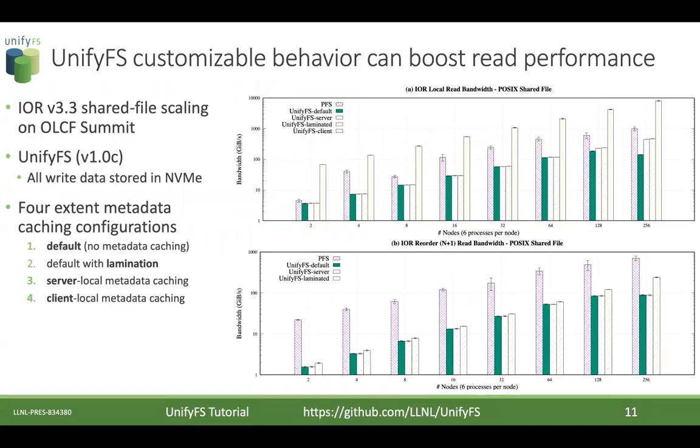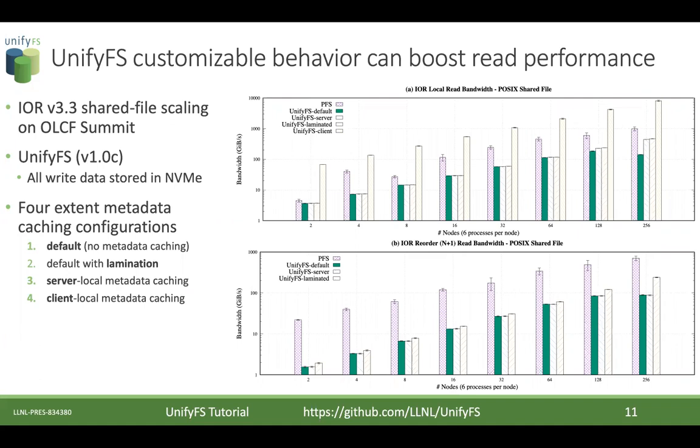So here we've rerun some of our IOR read performance numbers to highlight the different behavior you can see when you enable different types of UnifyFS semantics. And here we're playing around with the different configurations for how we do metadata caching for the file extents that you wrote.